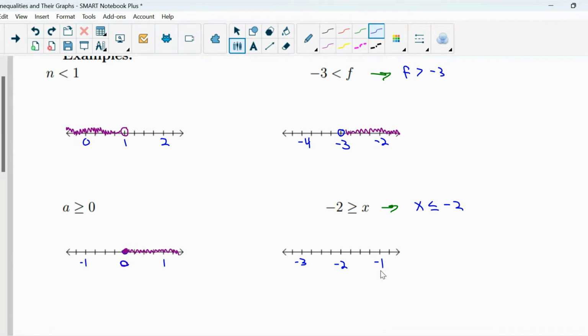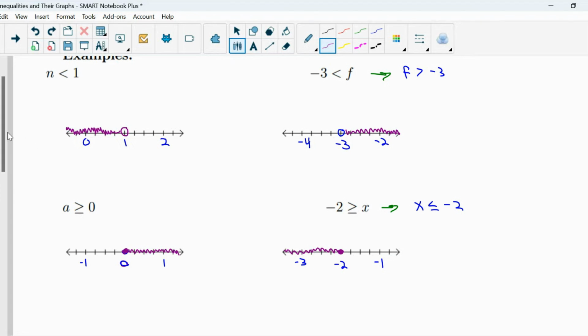Be super careful when you are plotting these points on your number line, as the negatives can be tricky. So let's plot our point at -2. This will be a closed point, and let's shade to the left as that is the direction our inequality is facing. So those are a couple of basic examples of how you graph inequalities.